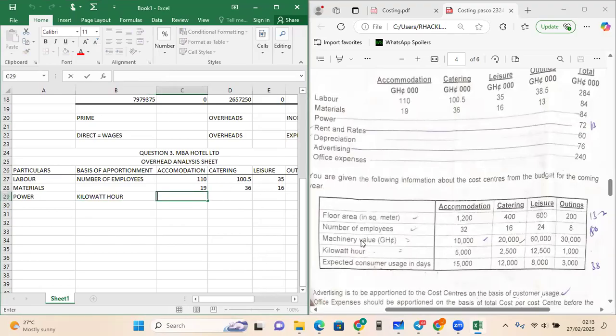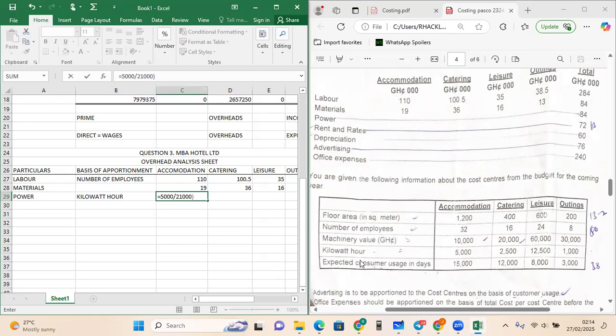Accommodation is 5,000. So it is going to be equal to 5,000 divided by the total through 1,000.